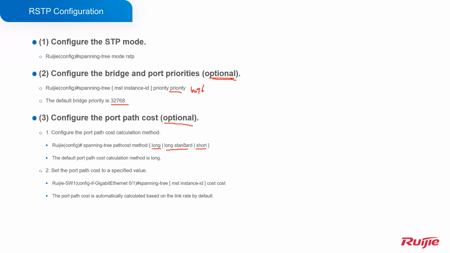You can change the port path cost by modifying the standard it uses, or you can directly set the path cost to a specified value with stp cost. For example, stp cost 20, stp cost 30, right? And this command is used in the interface view because you are modifying the path cost of one specific interface.